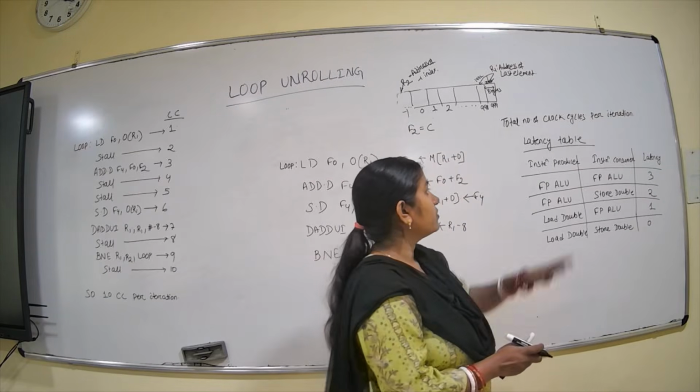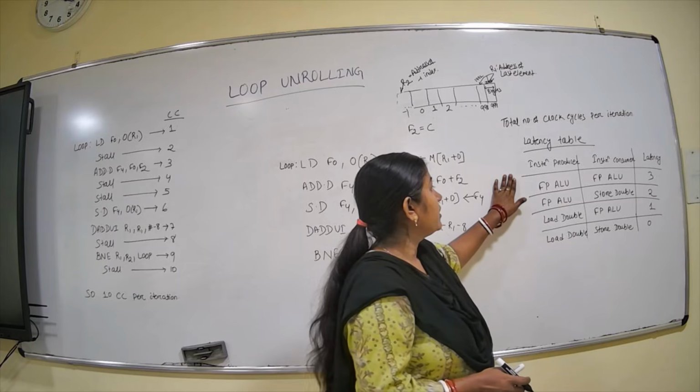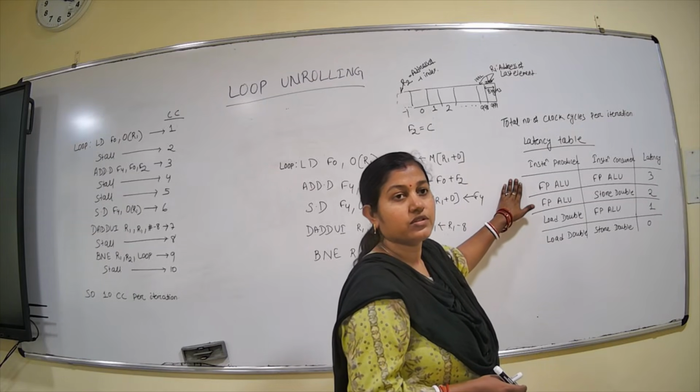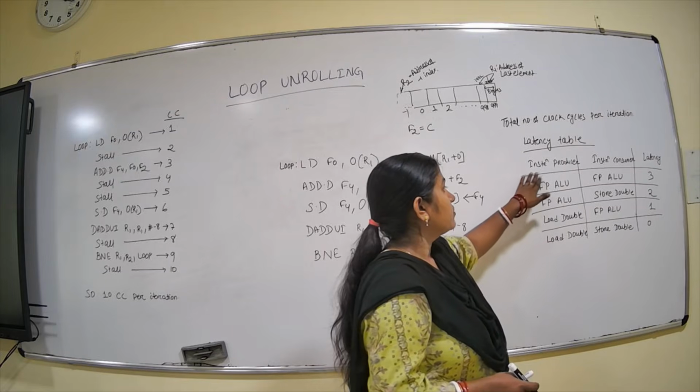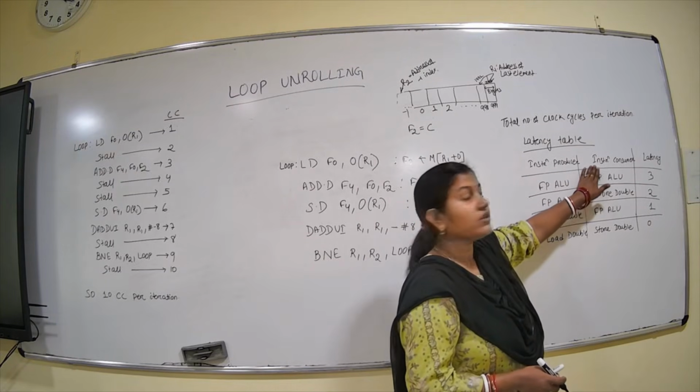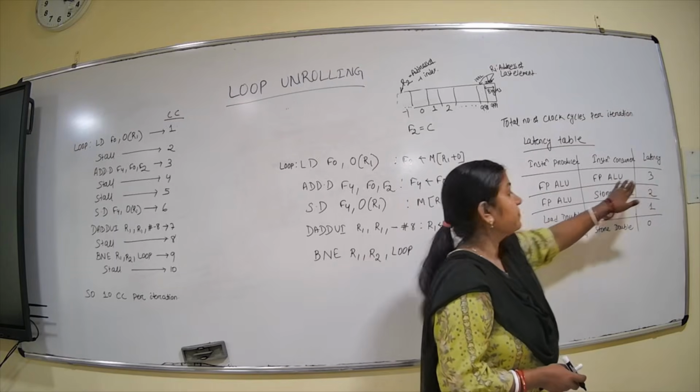Now I have drawn the latency table, which shows how many stalls there are in between two instructions. This column is the producer instruction, this is the consumer instruction, and this is the latency.